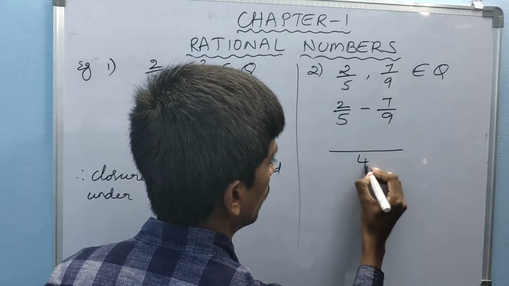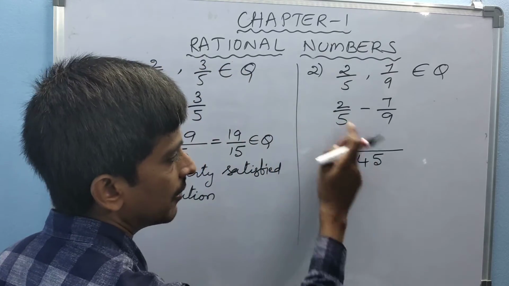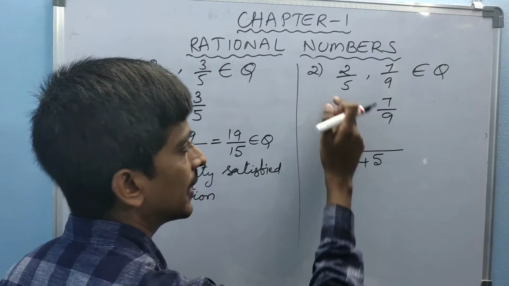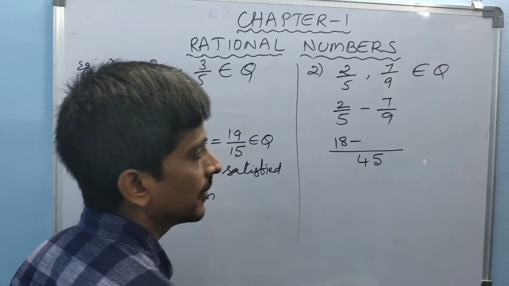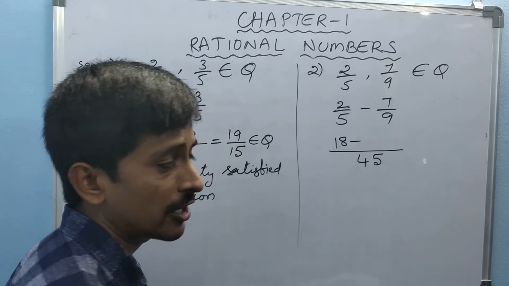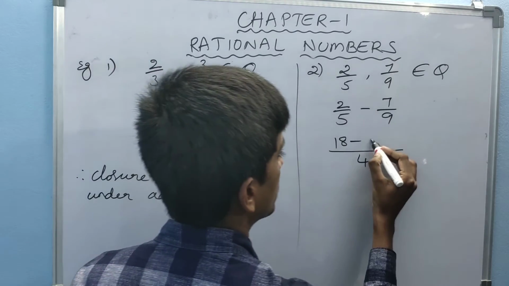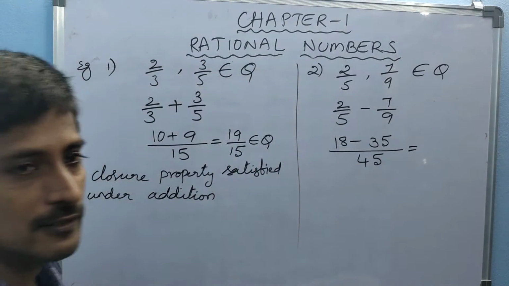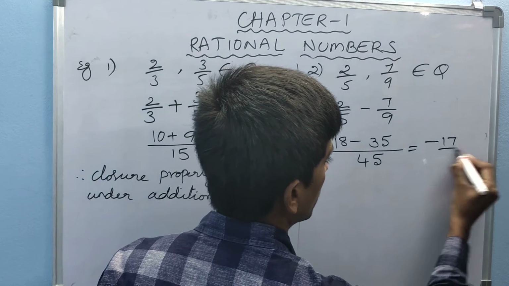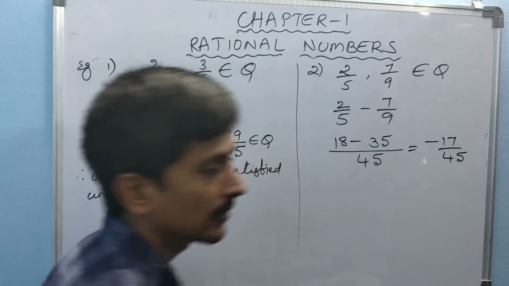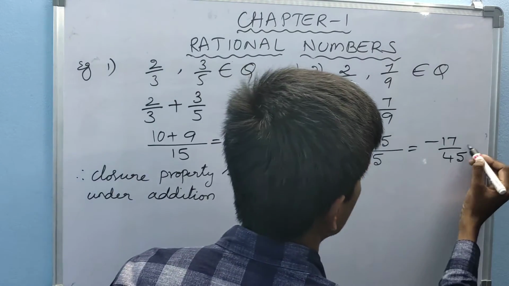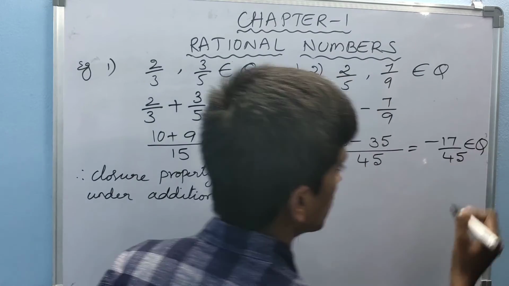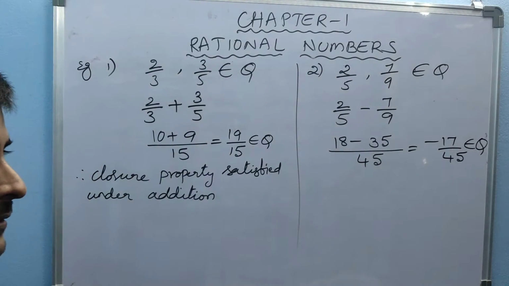5 nines are 45. 5 how many times 45? 9 times. 9 2s are 18, minus 9. How many times 45? 5 times. 5 7s are 35. 18 minus 35 equals minus 17 by 45. So minus 17 by 45 is also a fraction, so it is also a rational number.